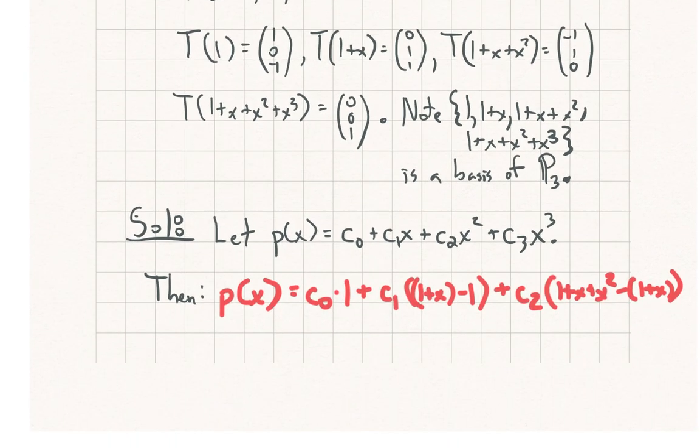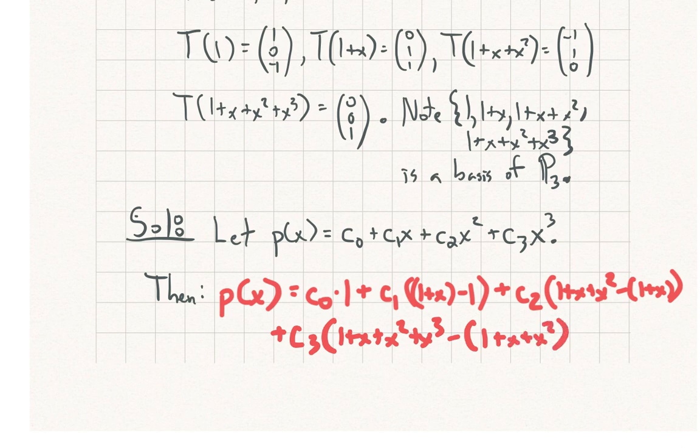And we still need the last one, so we need C3 of (1 plus x squared plus x cubed minus (1 plus x squared)). Okay, so that's great.